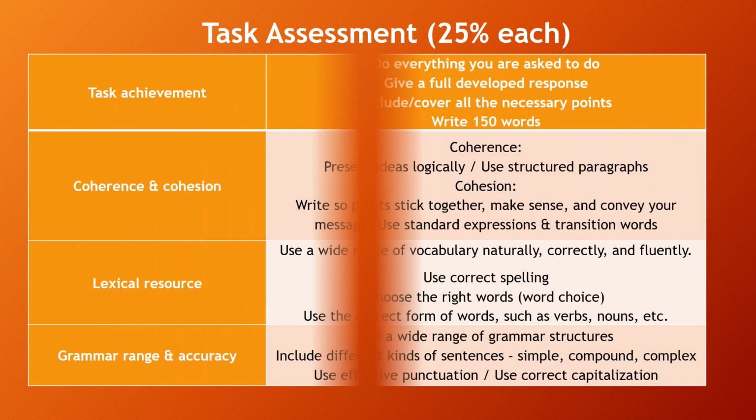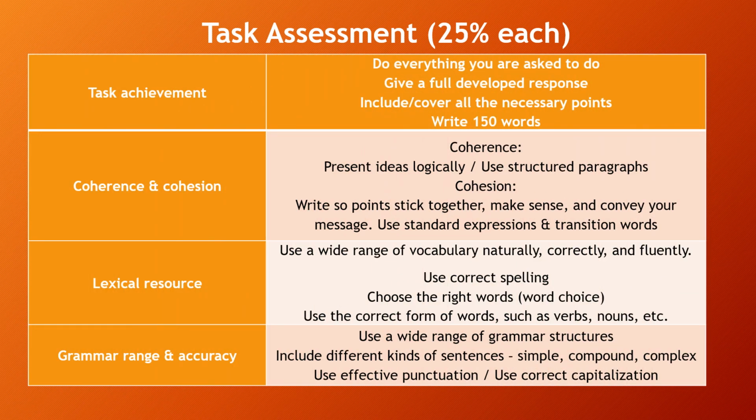All right, let's take a look at the task assessment, which is 25% each. The first is task achievement, which is that you do everything you're asked to do. You need to give a fully developed response. And the second 25% is based on your coherence and cohesion, where coherence is presenting your ideas logically and using structured paragraphs, and on the other hand, cohesion is when you use standard expressions and transition words.